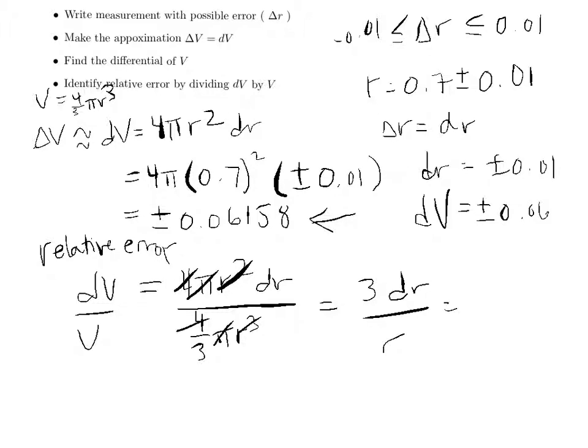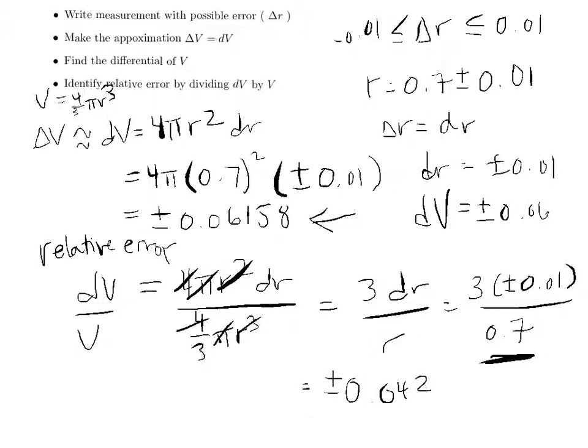Plugging in, we'll get 3 times plus or minus 0.01 divided by 0.7. So note, the bigger the radius is there, the smaller your relative error will be, okay? So if we calculate that, we'll get plus or minus 0.0429. And if we put that into a percent, it's going to be 4.29%. Okay, so less than 5% error is not bad.